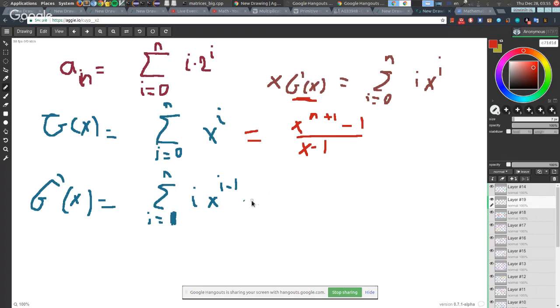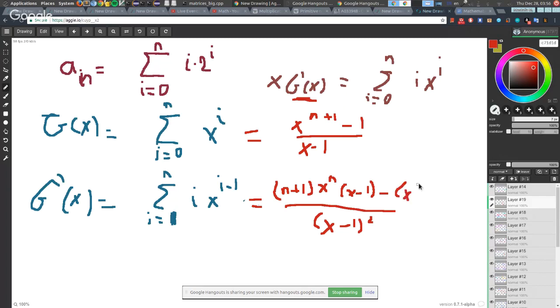So g dash here is equal to the derivative of this expression, which will be equal to 1 over the square of the lower part, times the derivative of the upper part times the lower part, minus the derivative of the lower part times the upper part. So if we multiply this expression times x, then we put x equal to 2, we get the value a n.